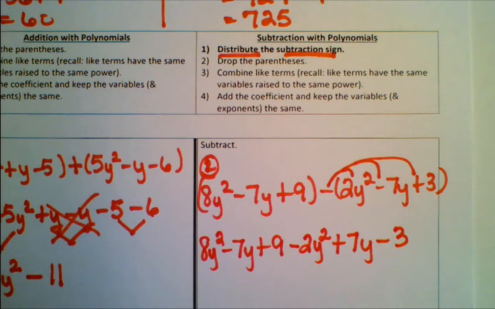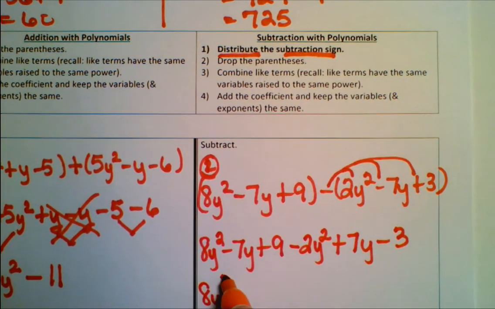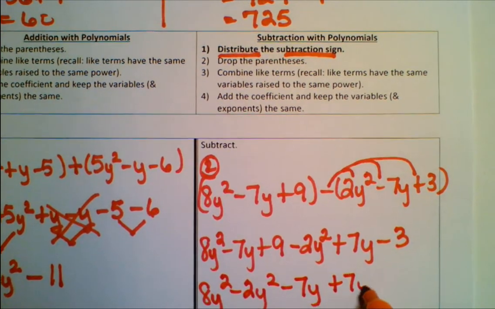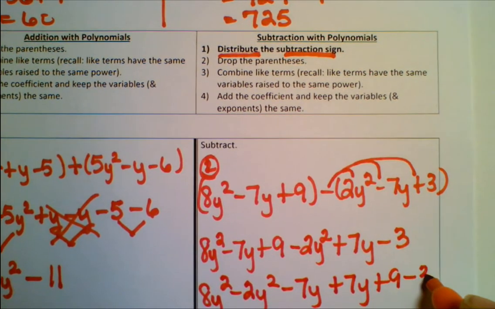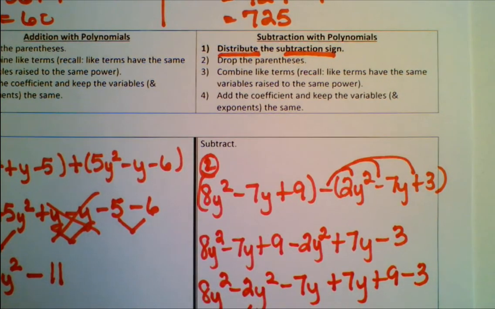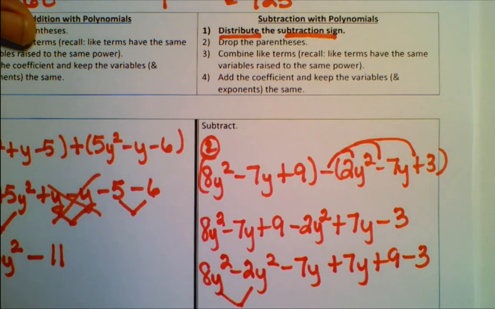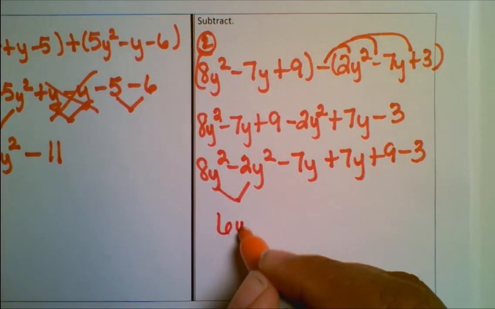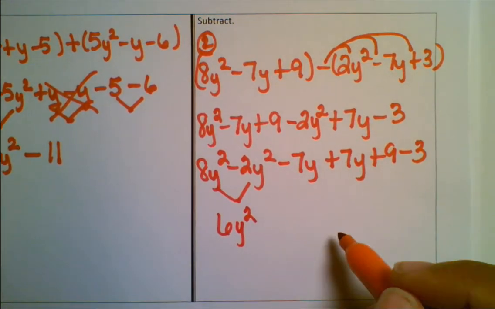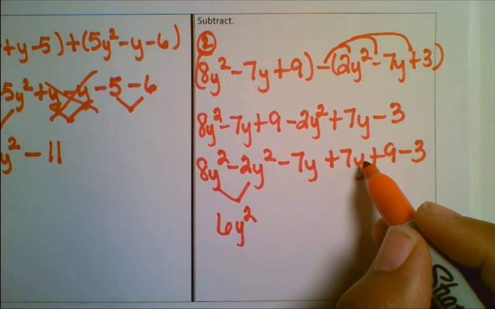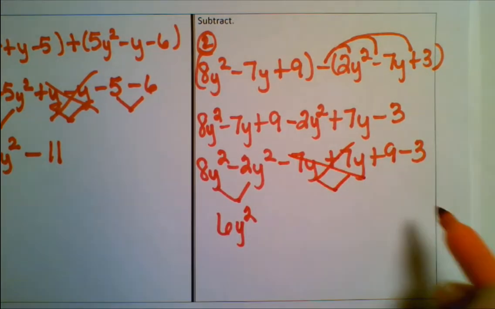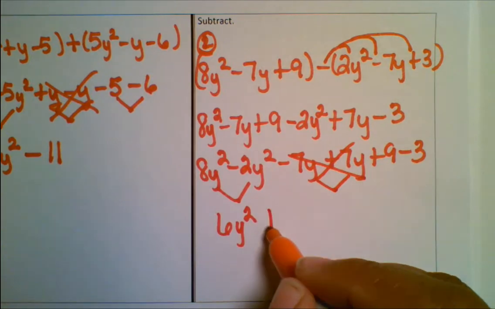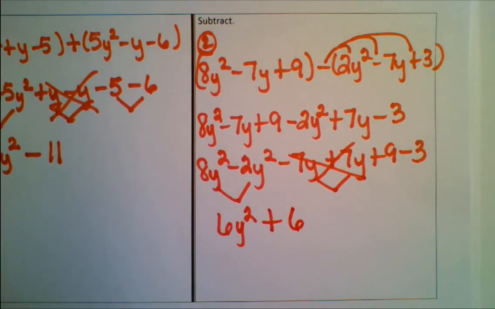Once we distribute the minus sign, then we combine our like terms. Subtract your y squareds. We have 8 minus 2, that is 6y squared. And then we have negative 7 plus 7, that's going to cancel out. And we have 9 minus 3, which gives us 6.